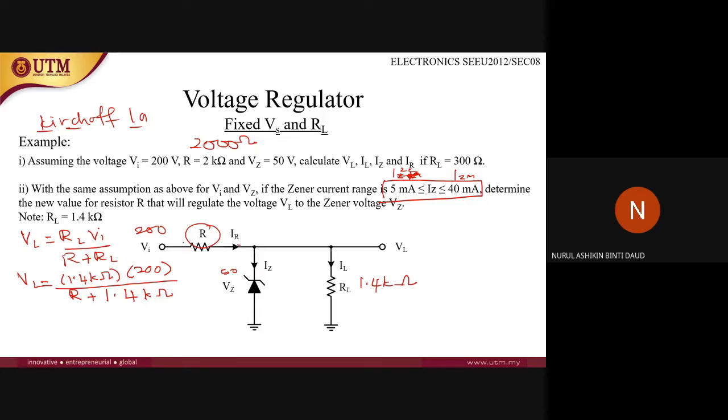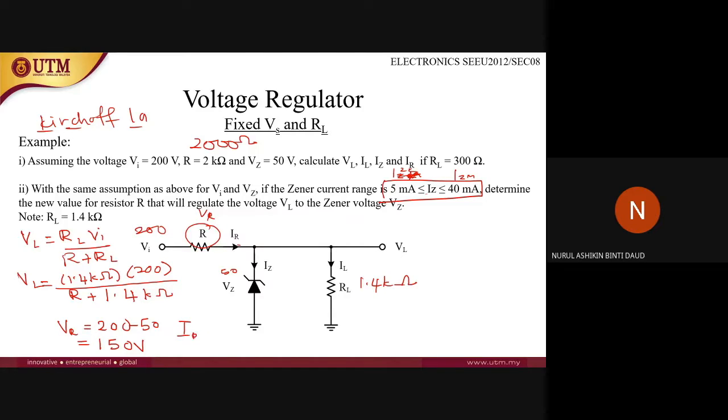Okay, for the VR value here, if you want to find it, 200 should minus this value of VZ. So you will get 150 volts. So from here you can find the IR.